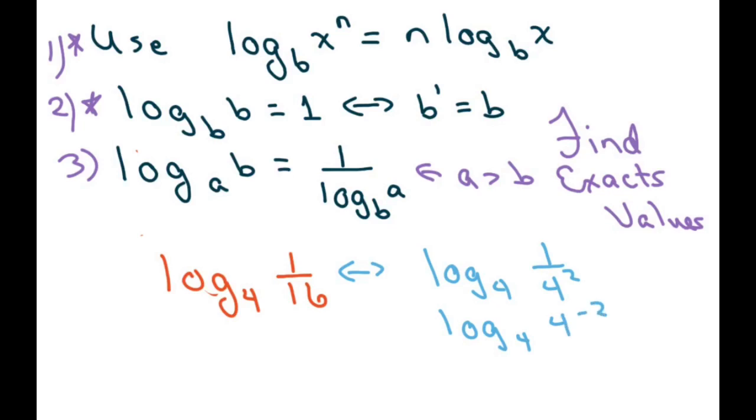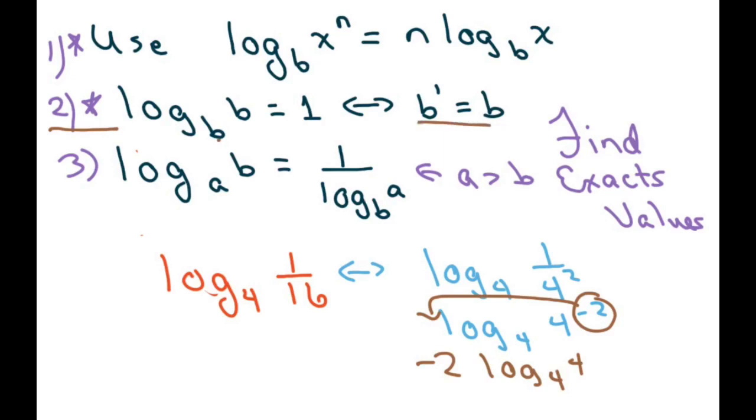Now when I bring this 2 in front using my power property, I get negative 2 times log base 4 of 4. Well, looking at our number 2 here, a log base of a base equals 1, and it's because any base to the first power equals the base. Since this equals 1, my final answer is just negative 2.